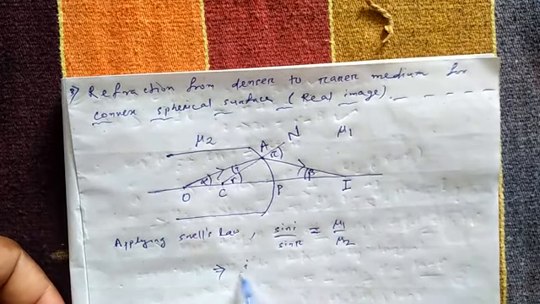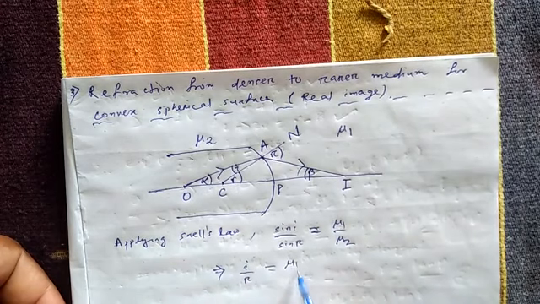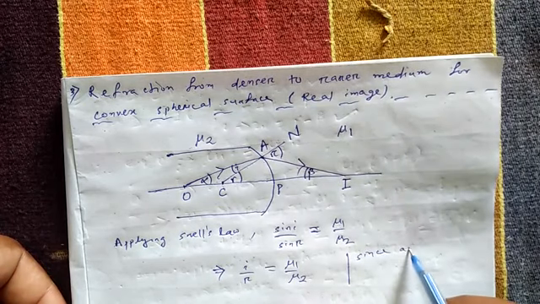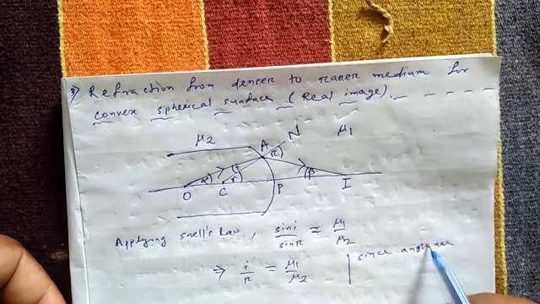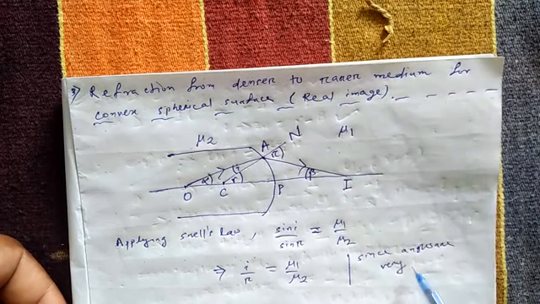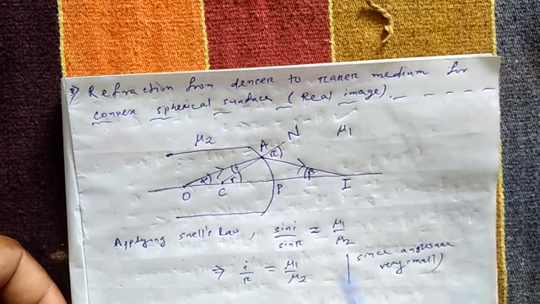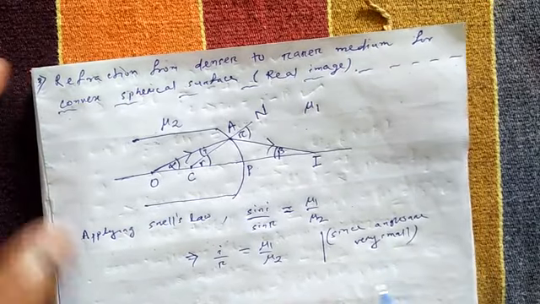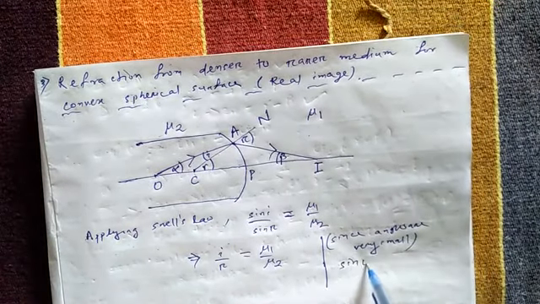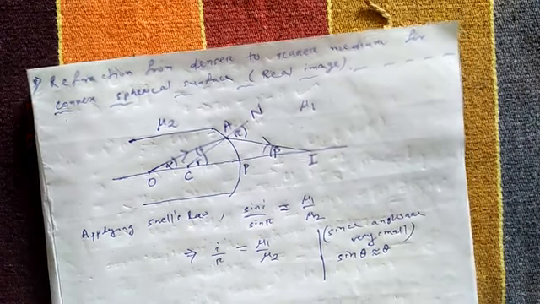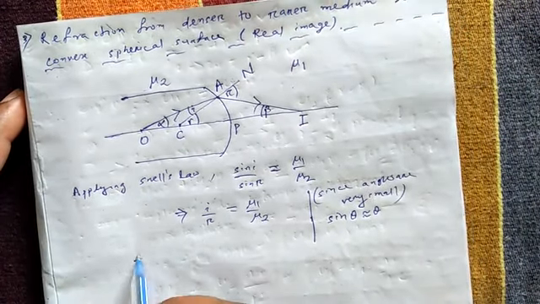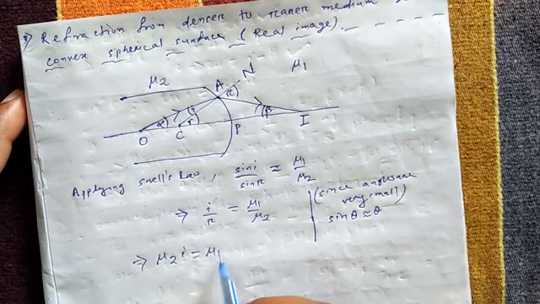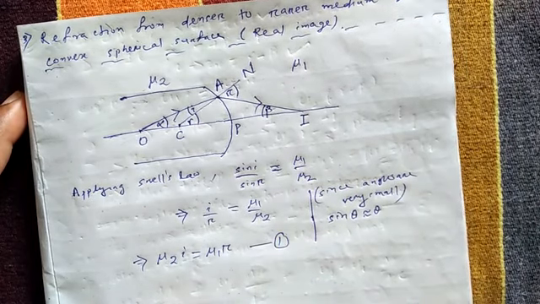Implies I by R is equal to mu1 by mu2, since angles are very small, that is, we have assumed sin theta is equal to theta. For small angle, sin theta is approximately equal to theta. Implies mu2 I is equal to mu1 R. Equation number 1.